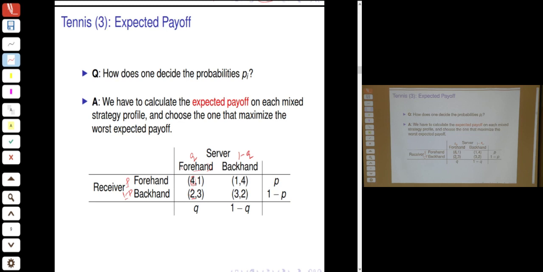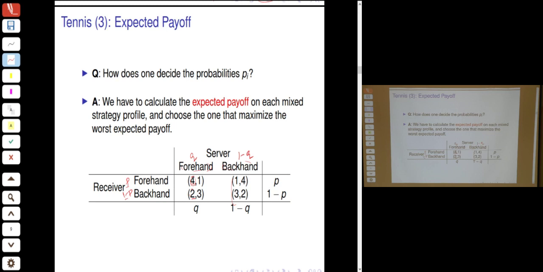Similarly, if the server plays backhand, you can also calculate the expected payoff for the receiver. If you fix the choice of strategy of the server to be backhand, then again the payoff for the receiver will still be random, because the receiver's own choice of strategy is randomly fluctuating between forehand and backhand. But for this random variable, you can compute a single number, which is its mean value or expected value.